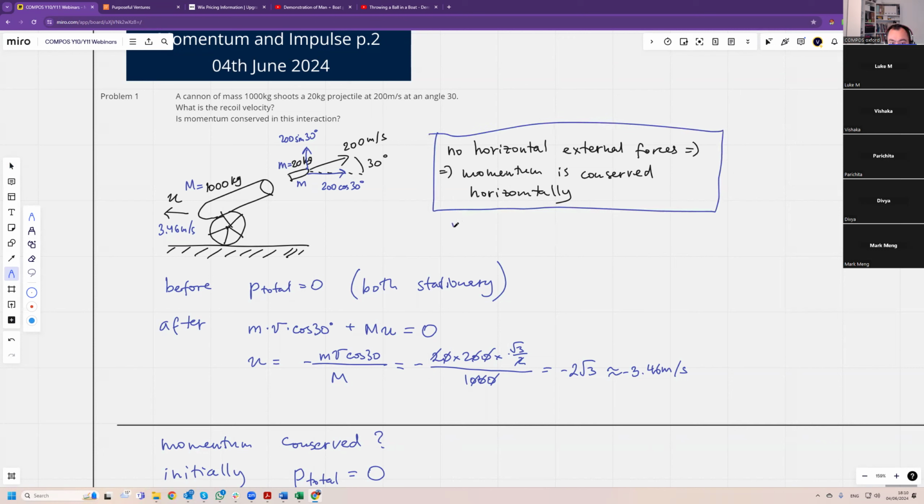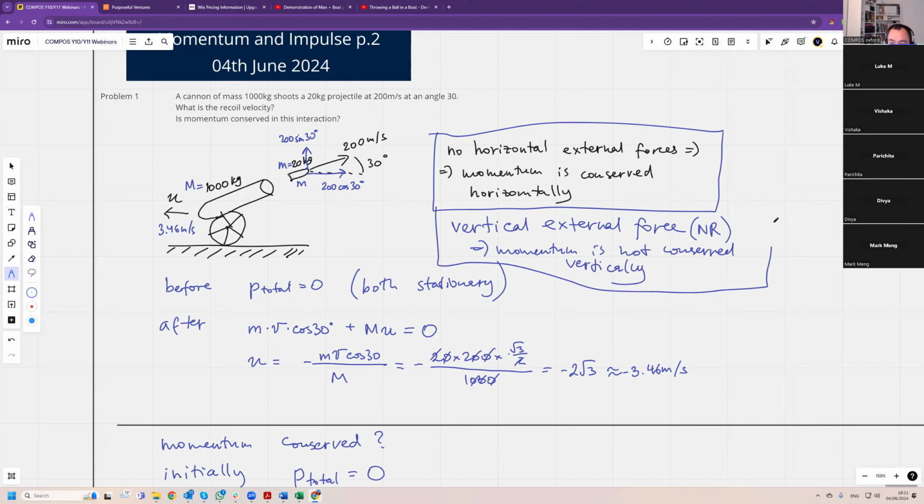But there is a vertical external force. What is the vertical external force? Luke mentioned it. It's the normal reaction. Which is therefore why momentum is not conserved vertically.